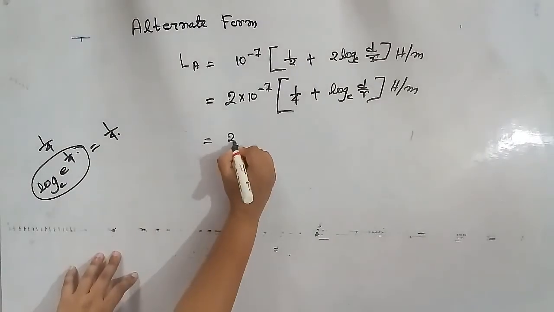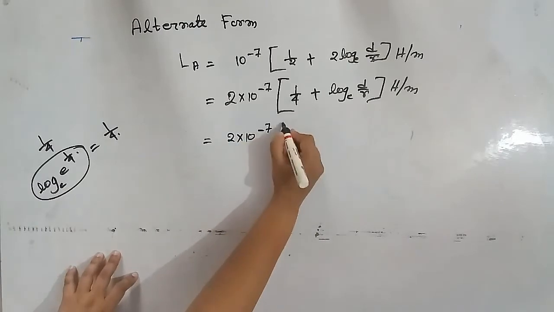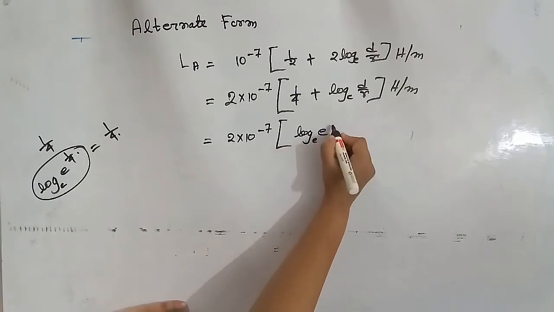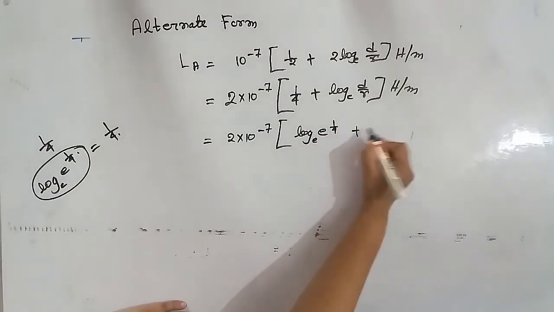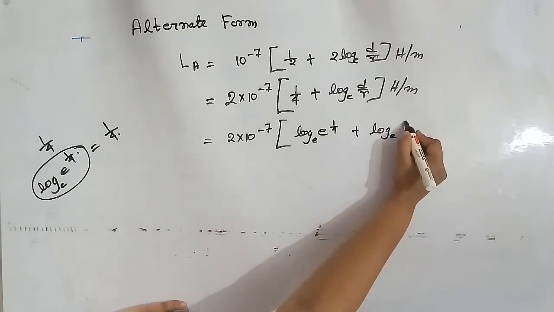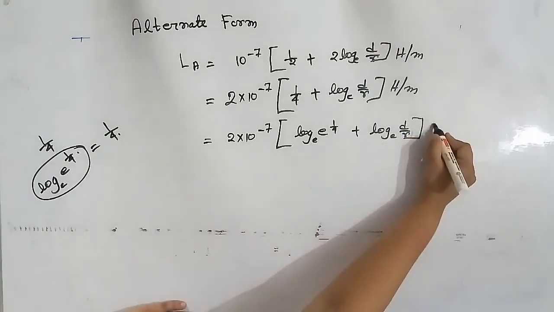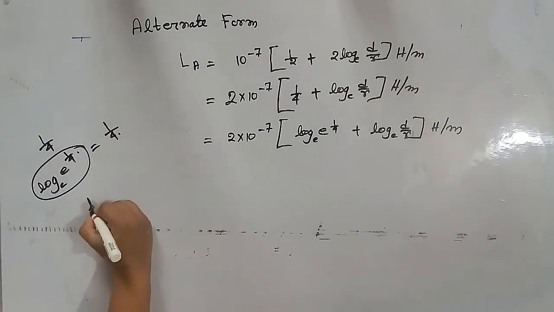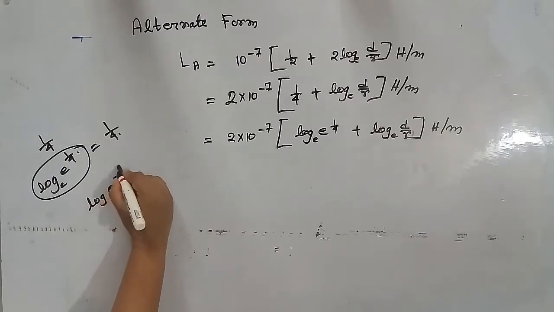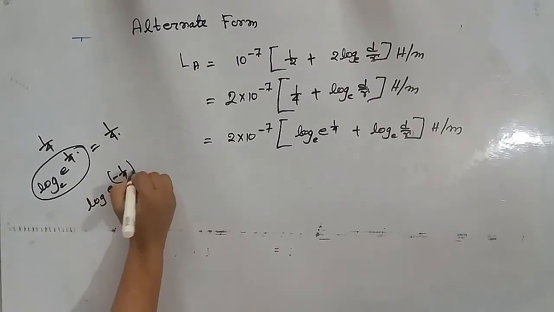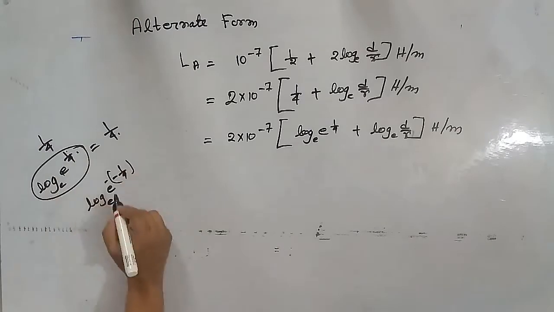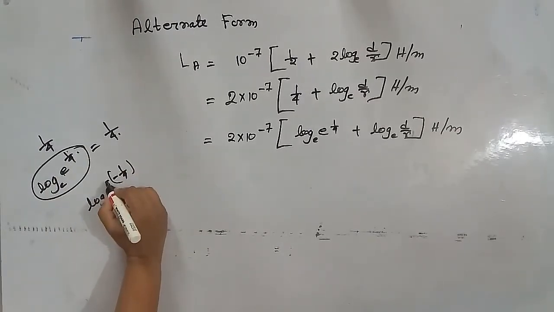So in place of 1/4 we can write log_e e^(1/4) + log_e D/r. Now log_e e^(1/4) can be written as log_e e^-(-1/4).